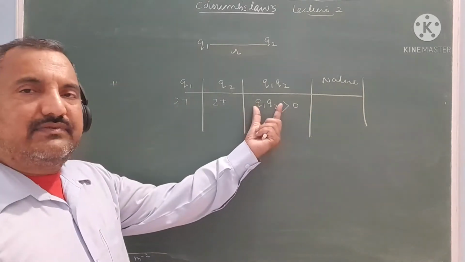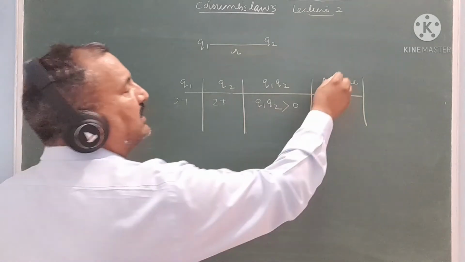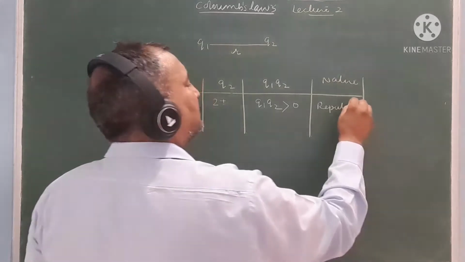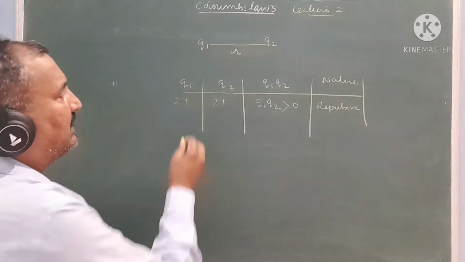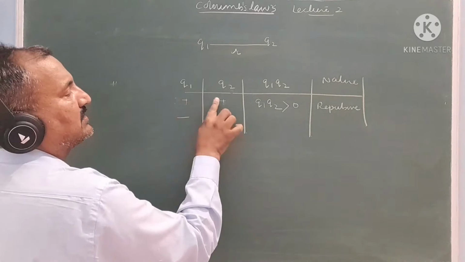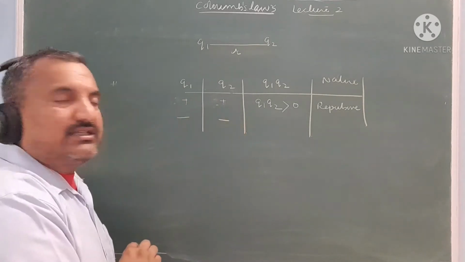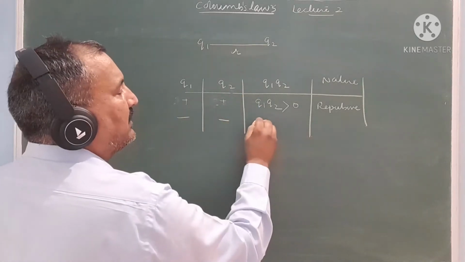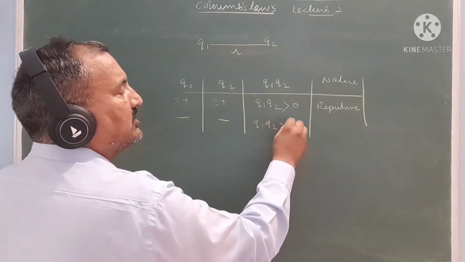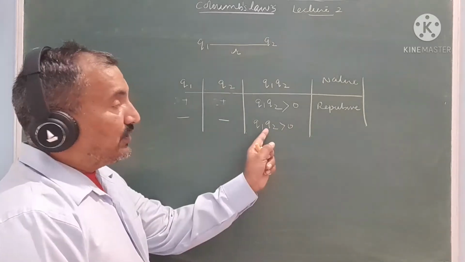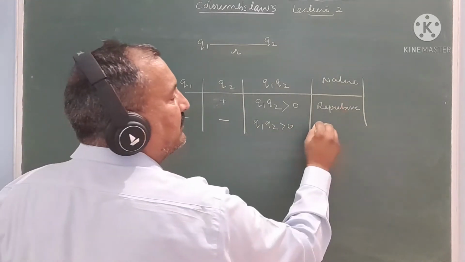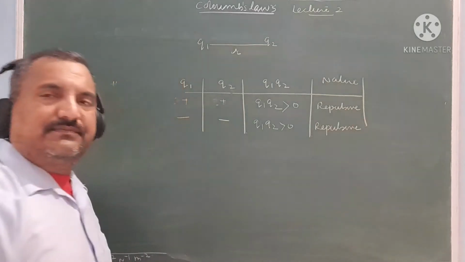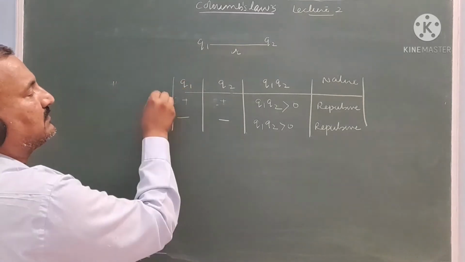In such cases, when Q1 Q2 is greater than 0, the nature will be repulsive. Similarly, if both are minus charges, minus into minus, again the product Q1 Q2 is greater than 0, and again the nature will be repulsive. This is the first case.